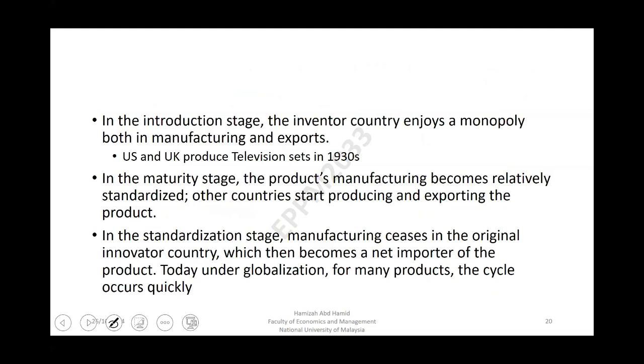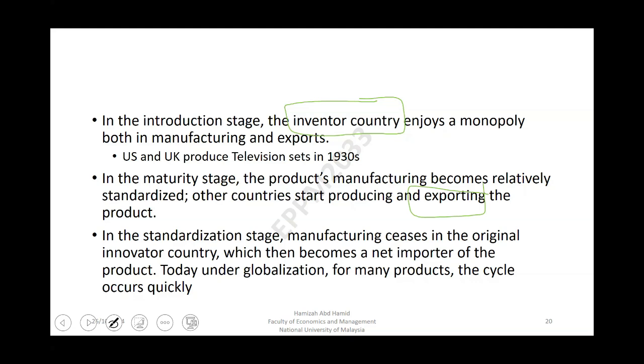So, in these three stages, there are three types of countries. Inventor country and the country that buys the product. So in the introduction stage, the inventor country enjoys a monopoly both in manufacturing and export.